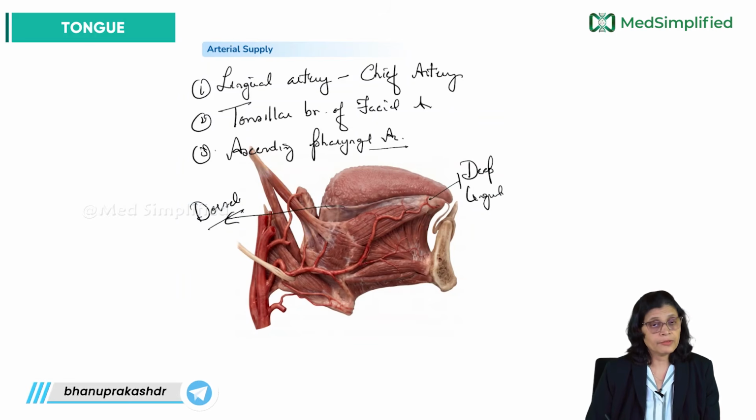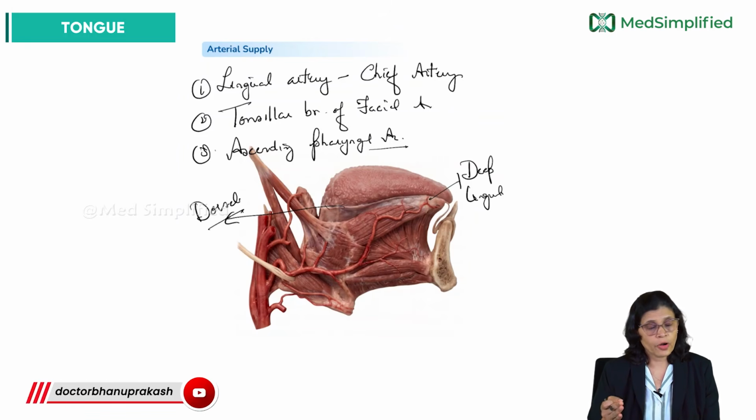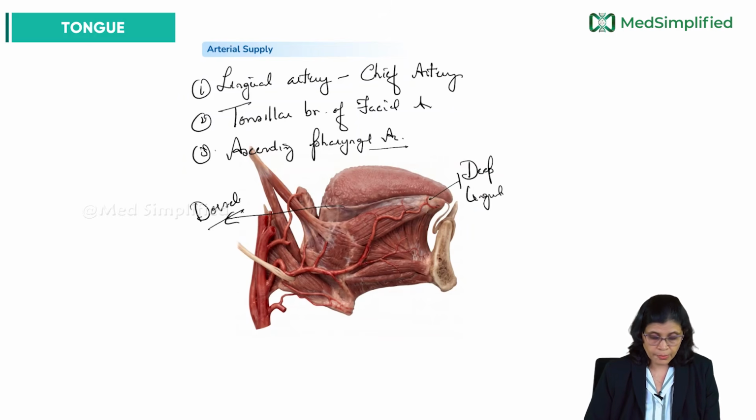These deep lingual arteries will anastomose with the similar branch from the opposite side. That is the only anastomosis which will occur across the midline of the tongue. Otherwise, because the two parts are formed from two different swellings, they will have their own individual supply. Only the deep lingual arteries will be anastomosing with each other along the midline.